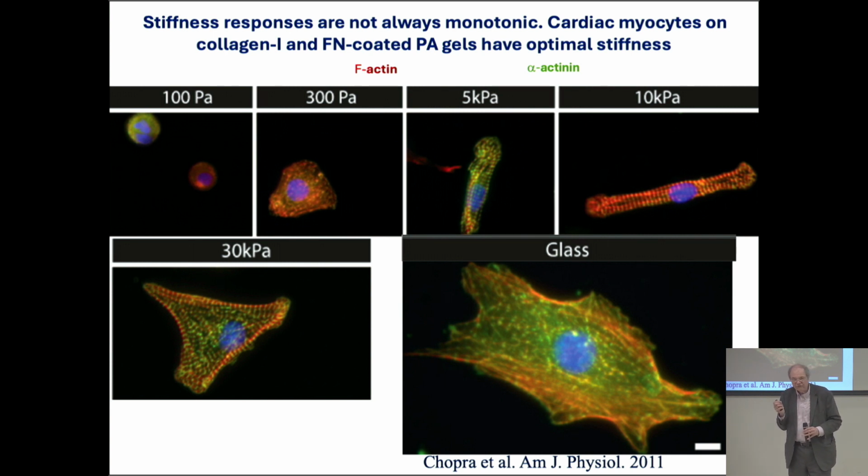The adult heart has a stiffness of about 5 kilopascal, and the muscle cell in this heart looks kind of like this. It's an elongated thing. It has these little stripes on it, which are the actomyosin fibers that do the contraction.